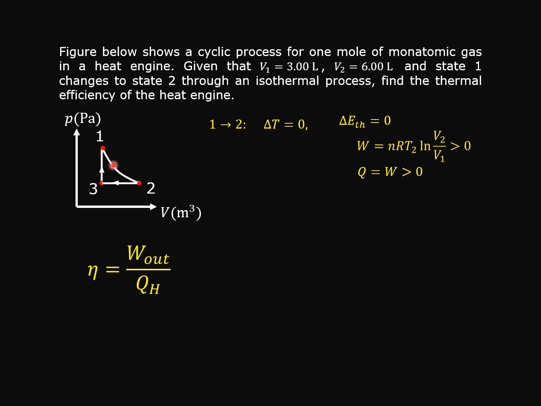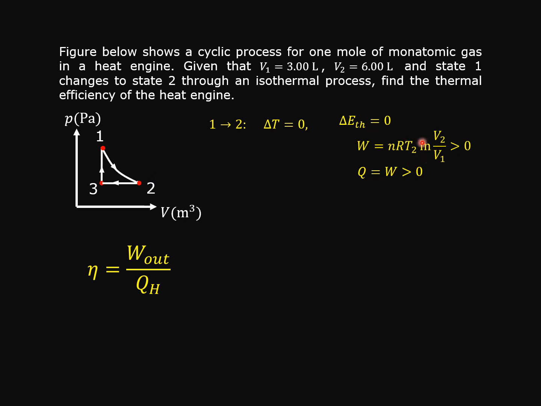Since this is the isothermal process, the work done we can calculate by using this formula, which is nRT2 ln V2 over V1. Of course, this T2 and T1 are the same.